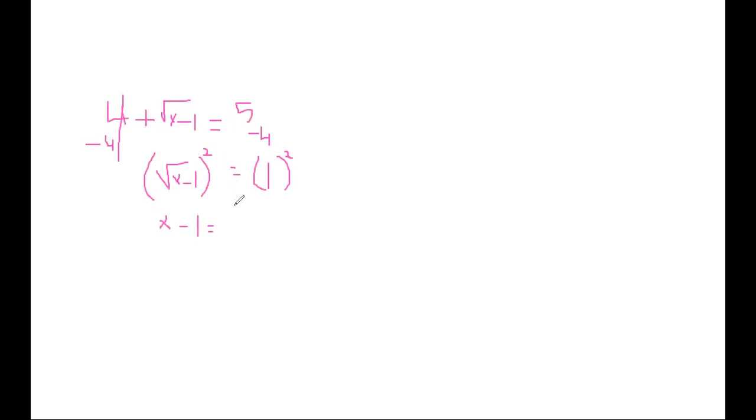So x minus 1 is equal to 1. So I will add 1 here and add 1 here. They cancel each other. So x is equal to 2. Sorry for the bad handwriting, because writing on the whiteboard in the laptop is not that easy.